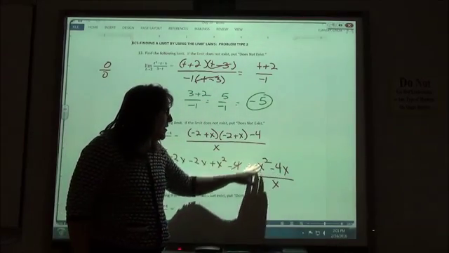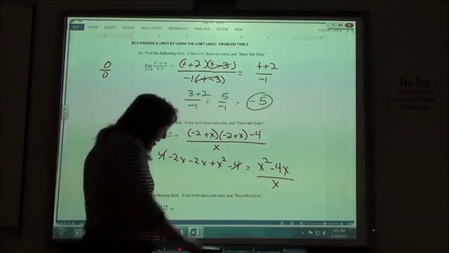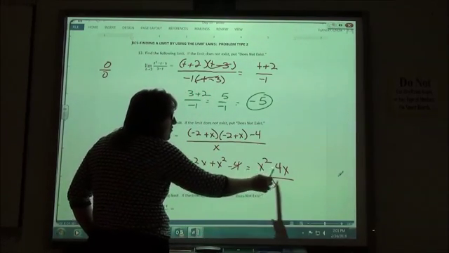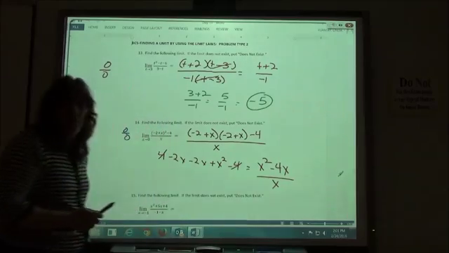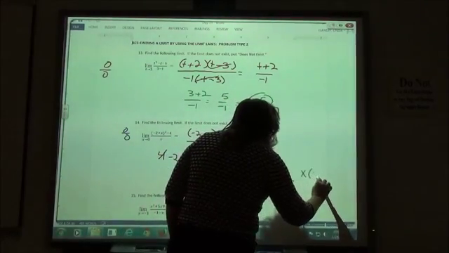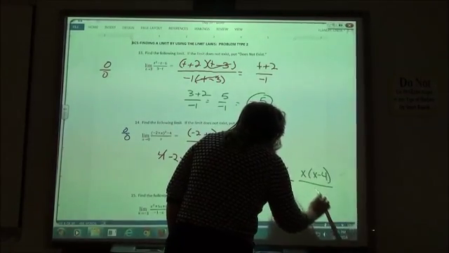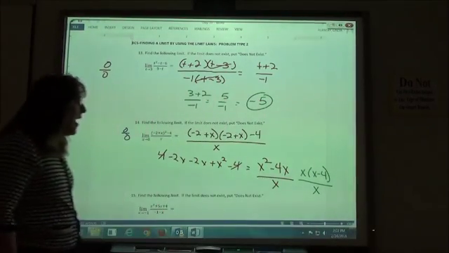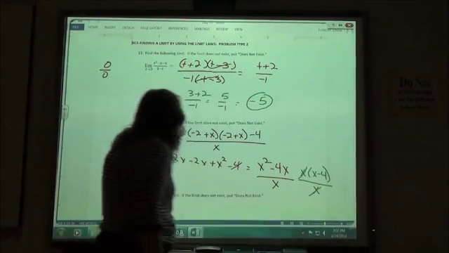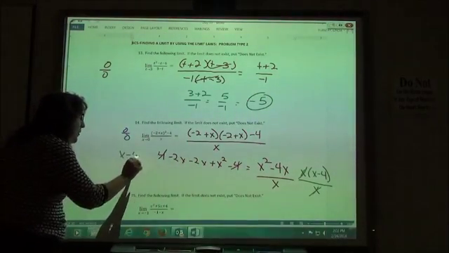So if I want to simplify this expression then, again I need to factor this out. Here I have to factor out my greatest common factor. The greatest common factor there would just be an x. So I would have x times x minus 4 over x. Now I can simplify my expression because I can cancel out the x's. I just get x minus 4.